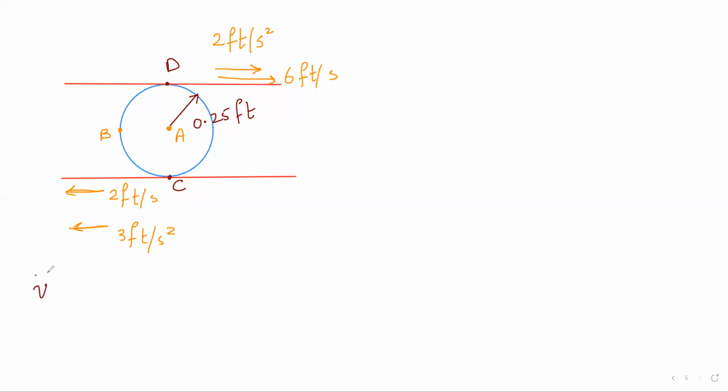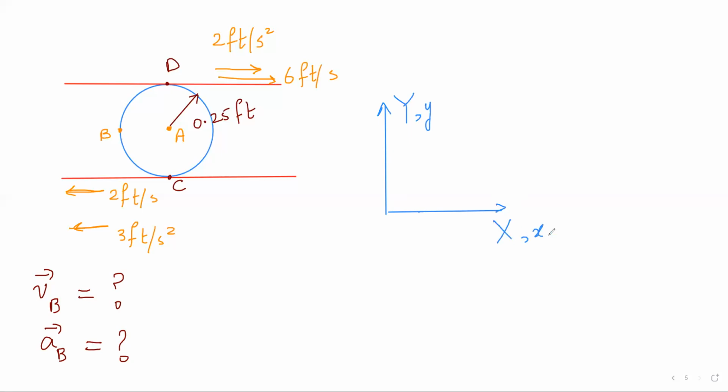Find VB and AB. When you are doing this problem, I am also giving you a coordinate frame of reference, so at least all of us are on the same page. X, Y.